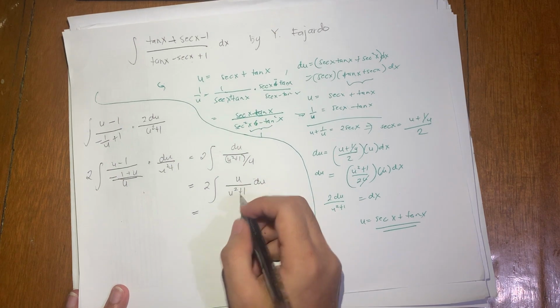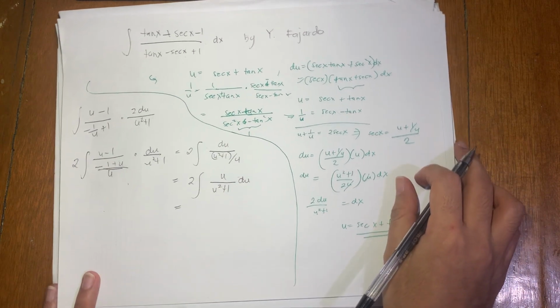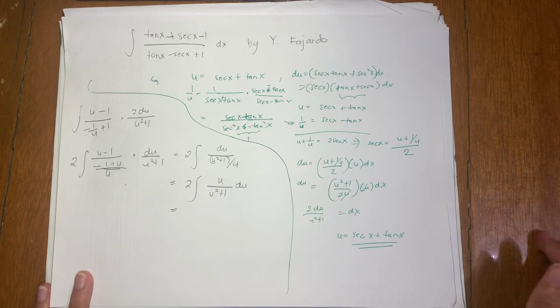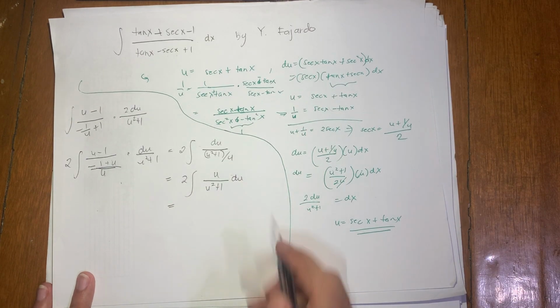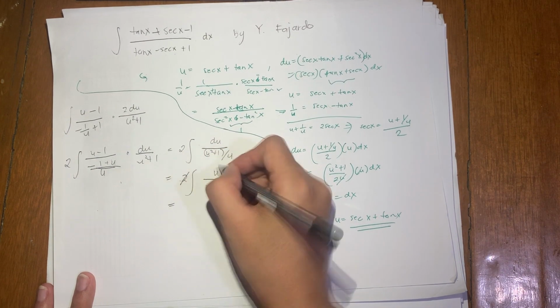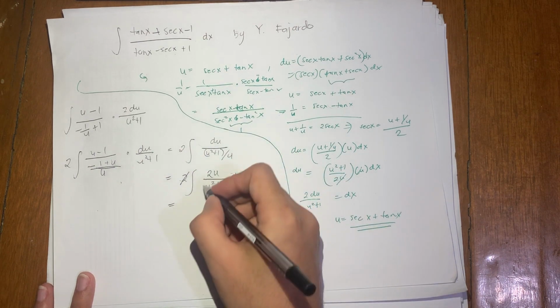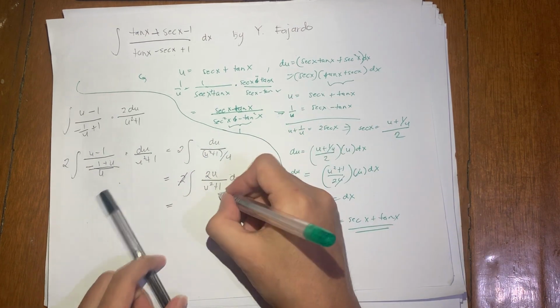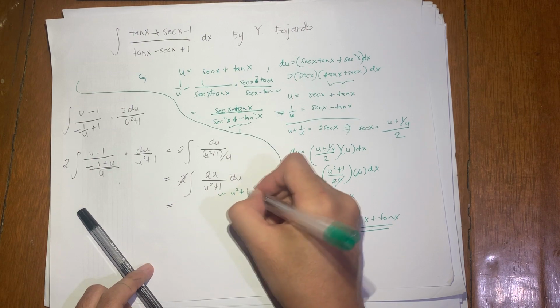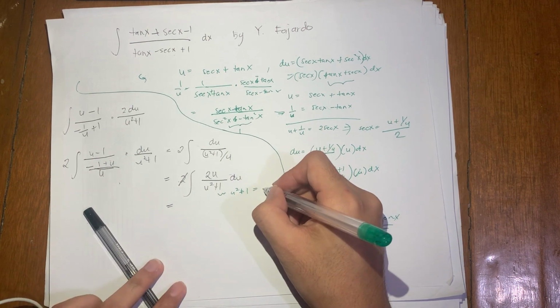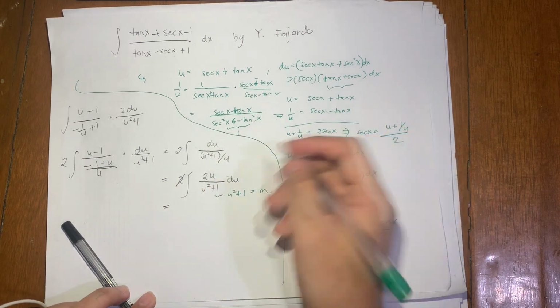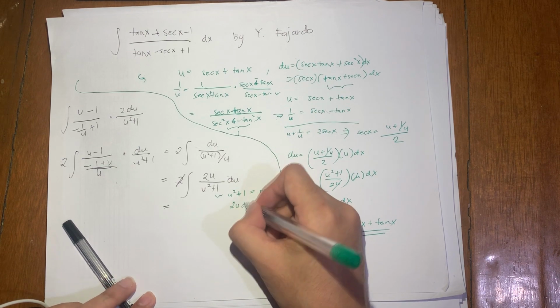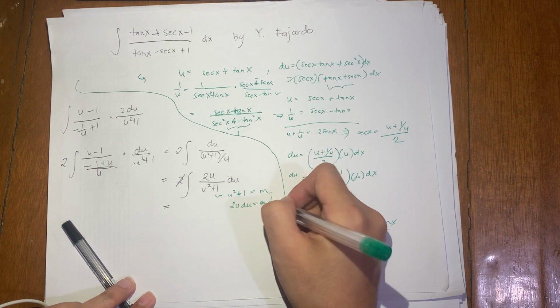If you have been solving a lot of integrals in the past, maybe you're already familiar with this expression. I'll just put this 2 here. If we let another variable, let's call that m, m is equal to u squared plus 1, you get 2u du is equal to dm.